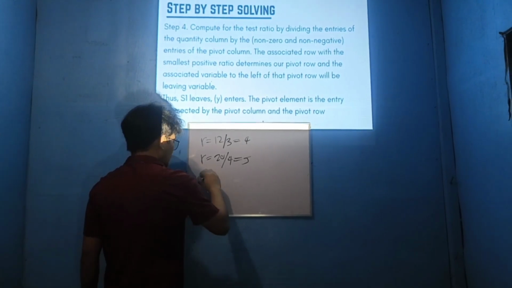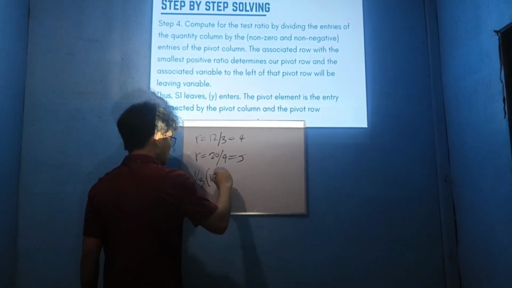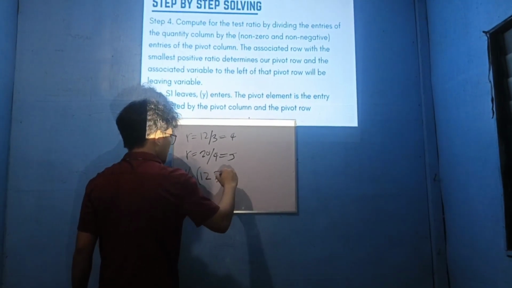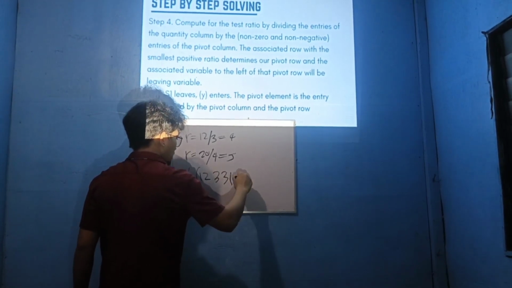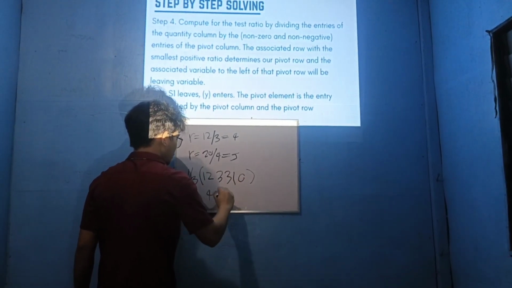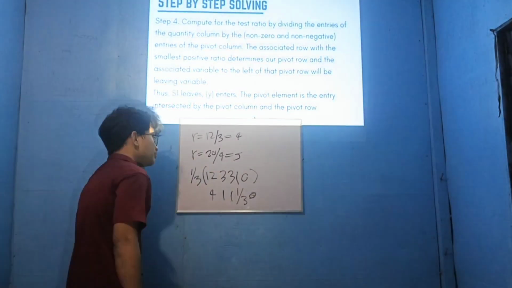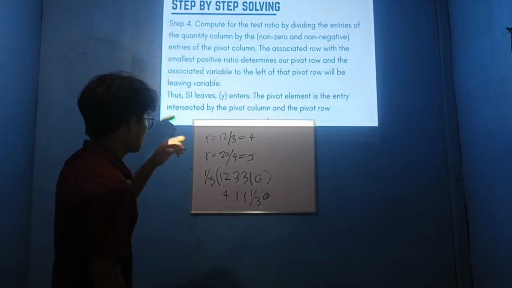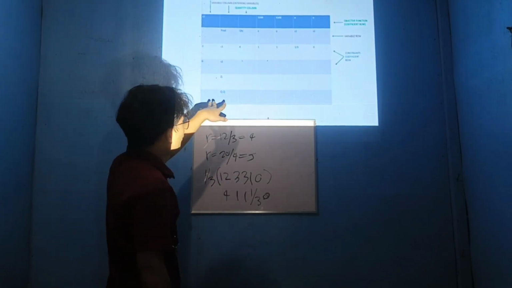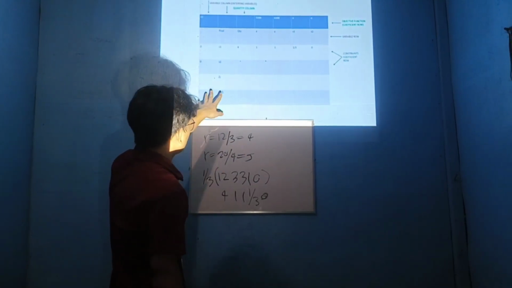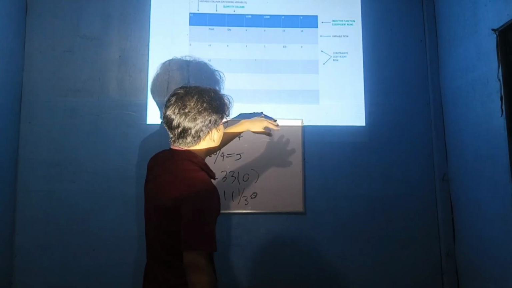We have 1/3 times 12, 3, 3, 1 and 0 will be 4, 1, 1, 1/3, and 0. On our Simplex Table number 2, we need to input this on our constraint coefficient row. We have 4, 1, 1, 1/3, and 0.